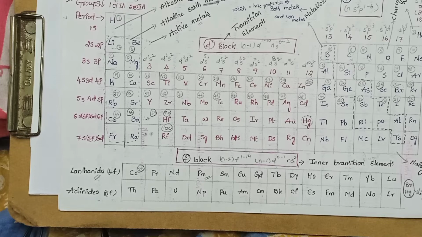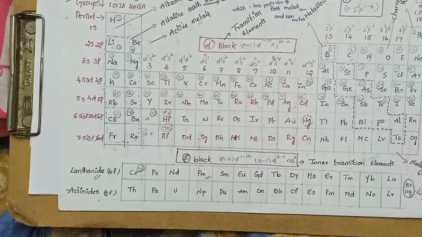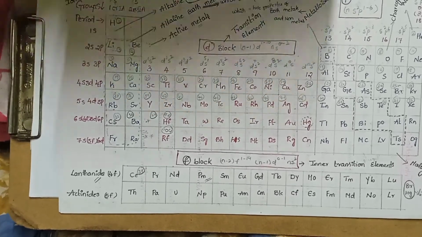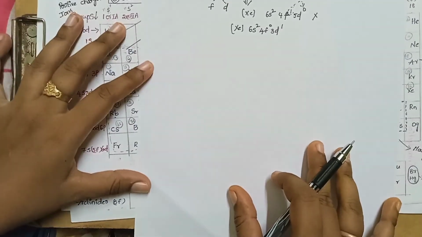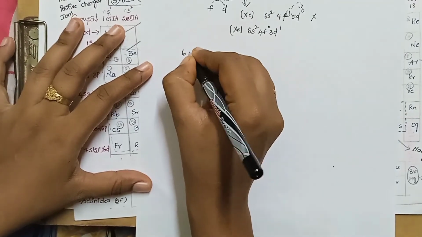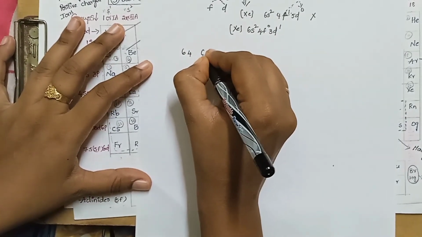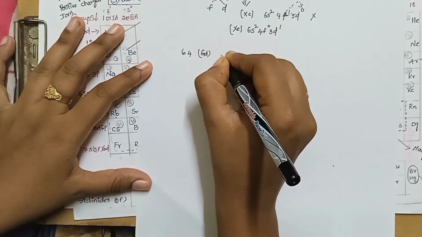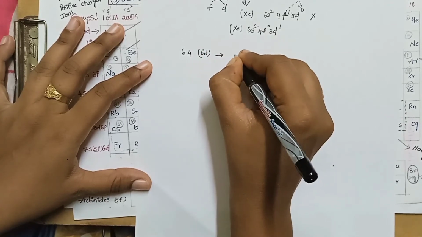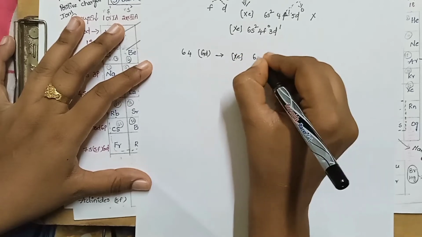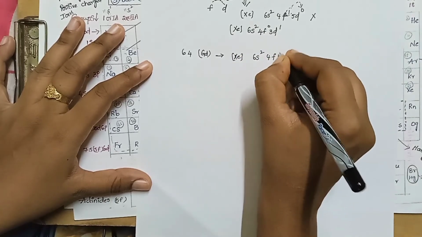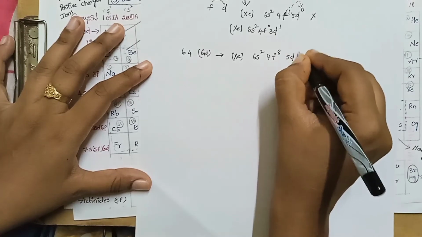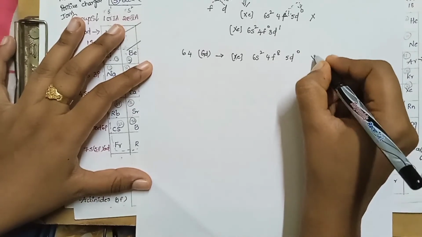Non-radioactive. Abnormal electronic configuration of f block elements: 58 and 64. For example 64, the electronic configuration xenon 6s2 4f8 5d0 is wrong.